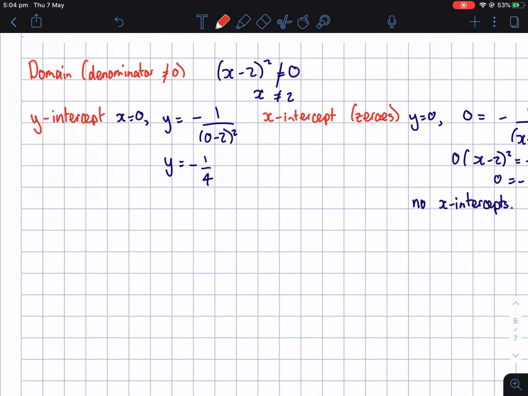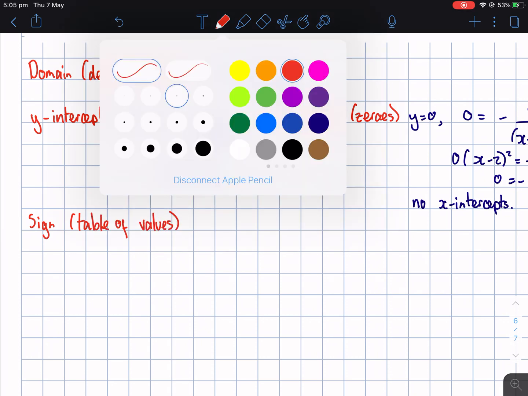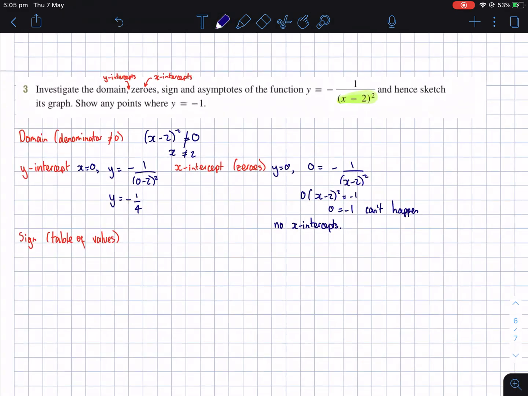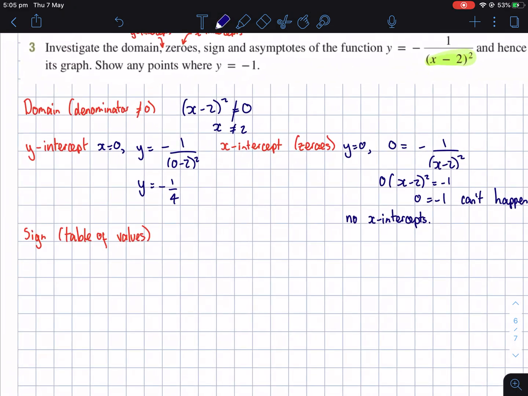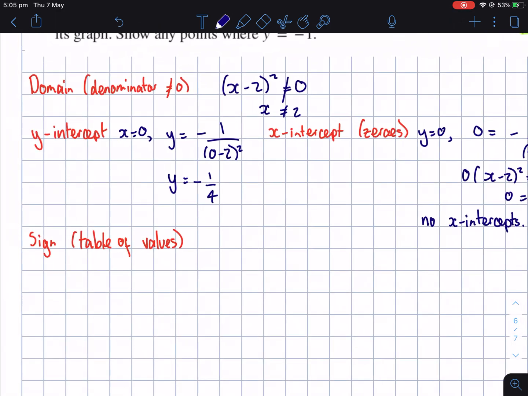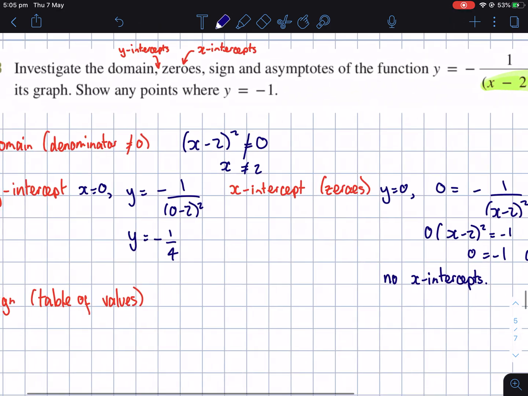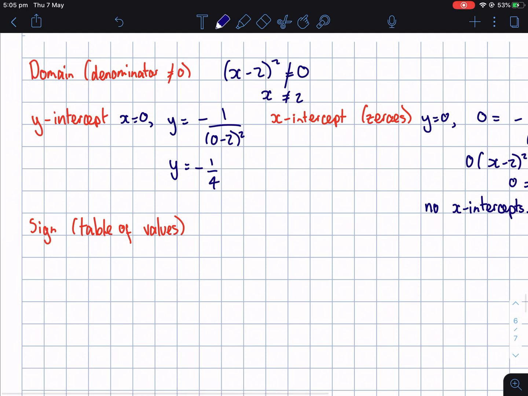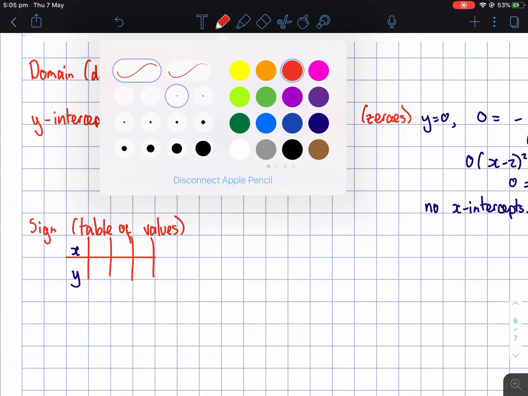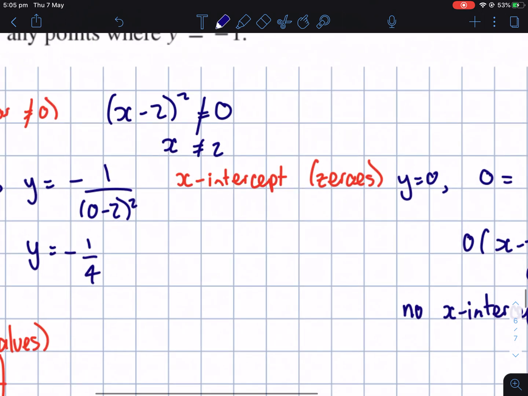Okay, sign. Okay, so we've got x and y. We always start off by putting in our asymptotes.